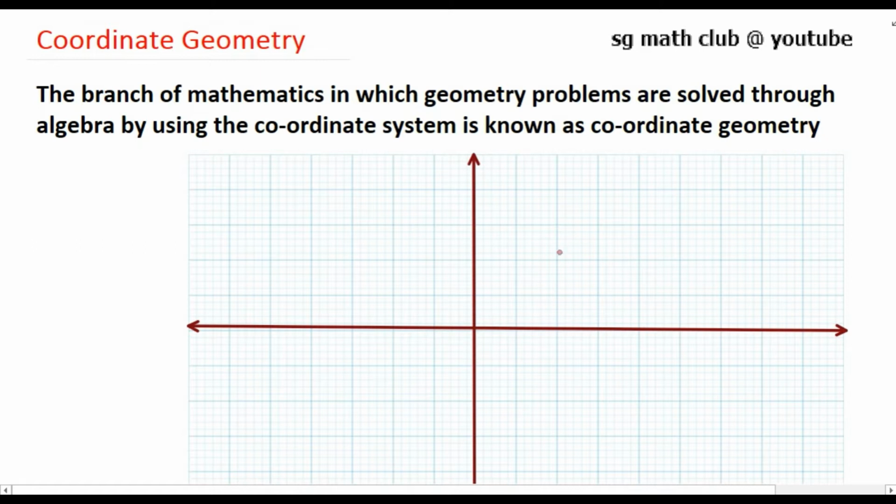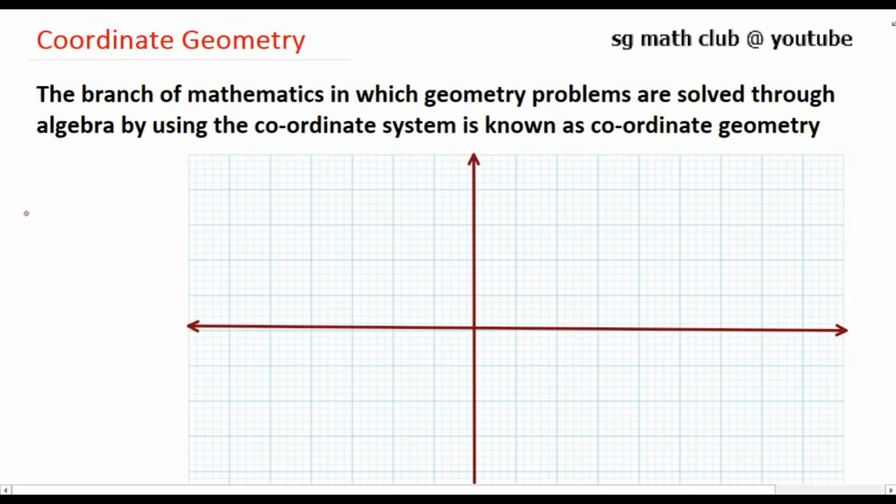You can see here two perpendicular lines, one of which is horizontal and the other vertical, and this plane is called the Cartesian plane or coordinate plane. The lines are called coordinate axes.